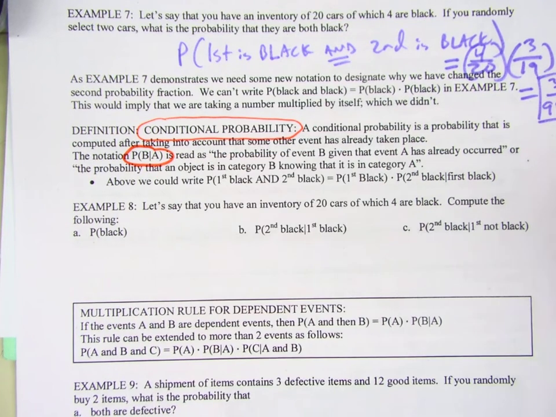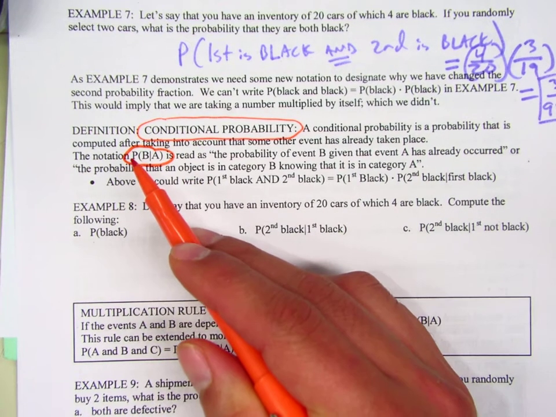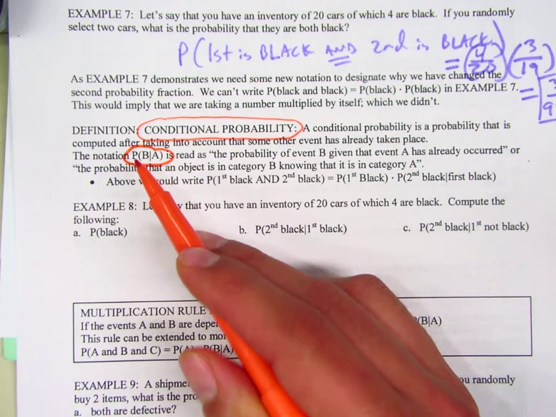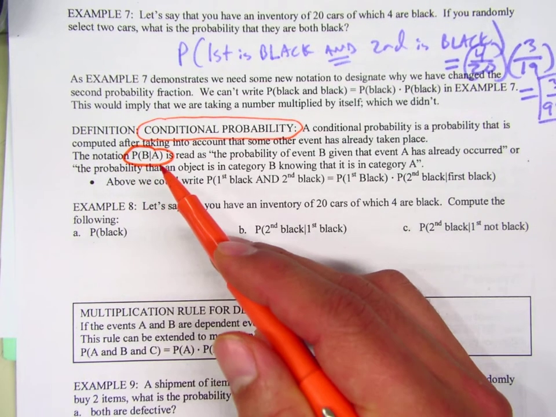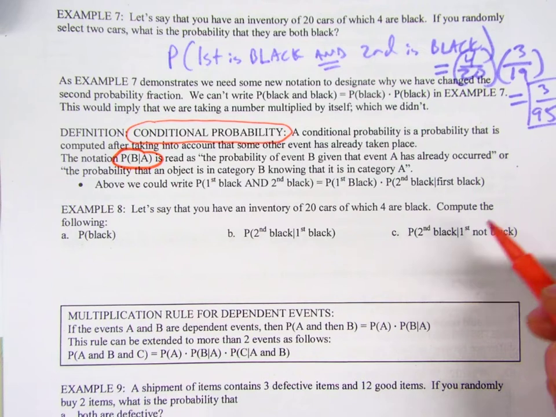So the probability of B, given that A has already happened, is similar to what we did up here.